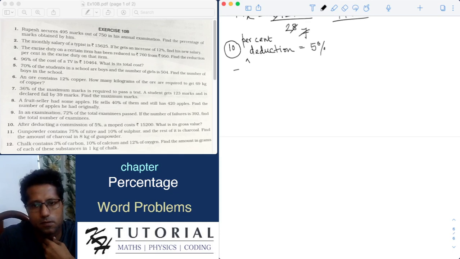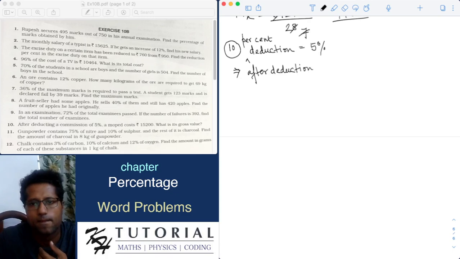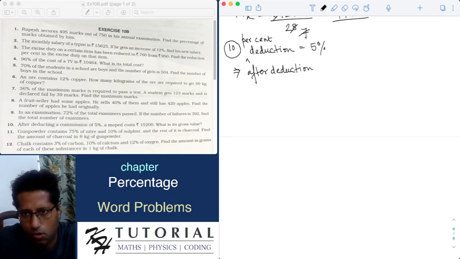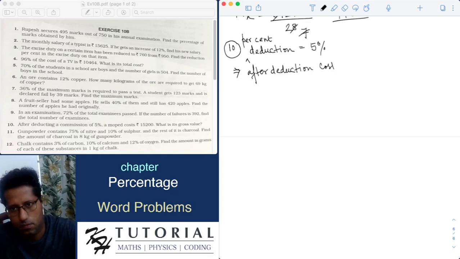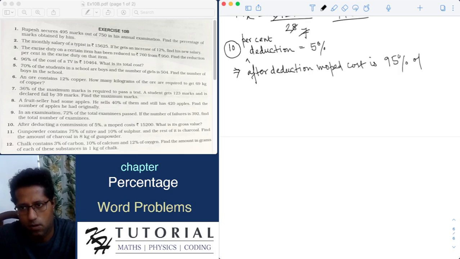This implies that after deduction, the mocked cost is 95% of the gross cost. Whatever that gross cost is, I don't know.